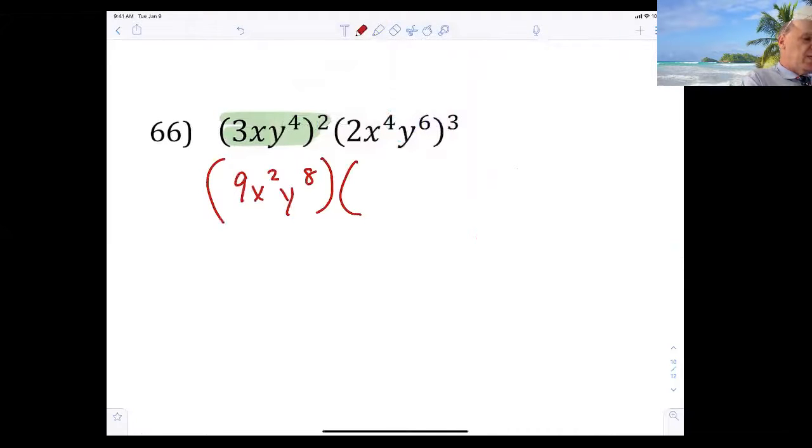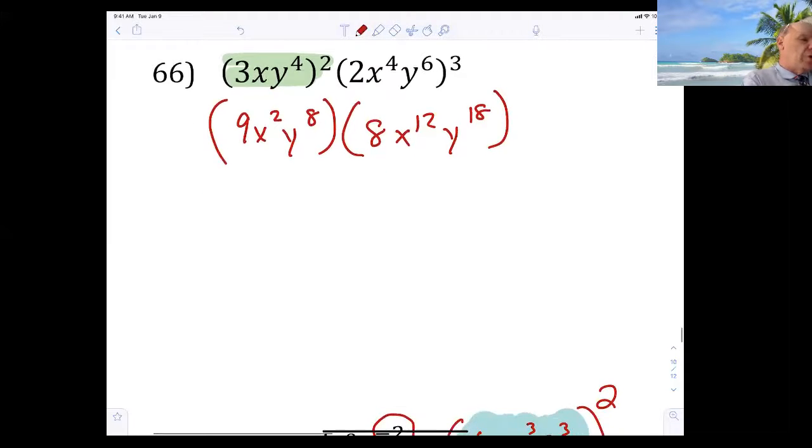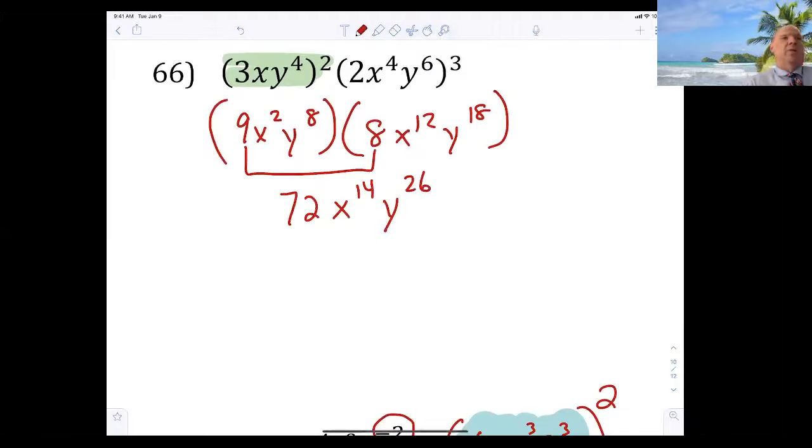Then 2 cubed again is 8, x to the, y to the, beautiful. Now we're multiplying numbers and adding exponents. Keep going. Then y to the 26th.